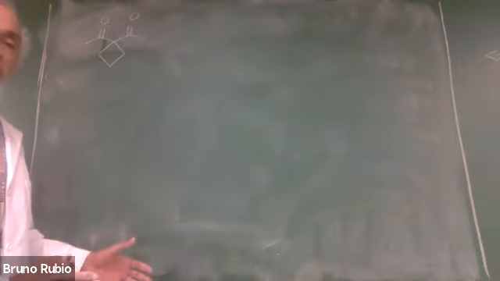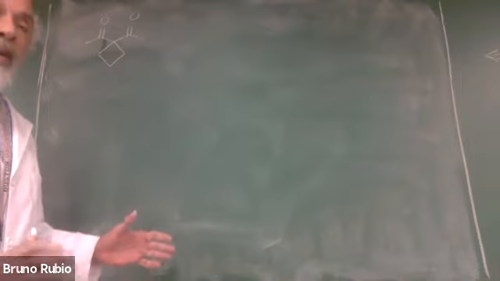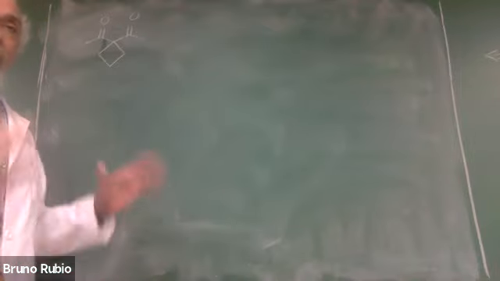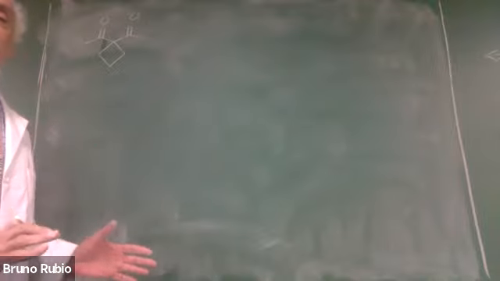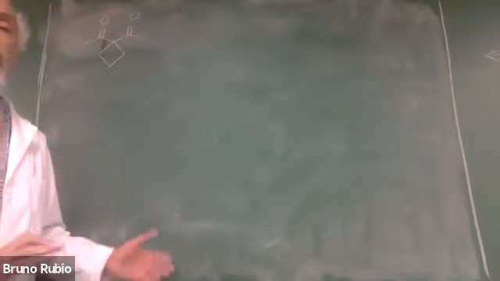This is a very strange synthesis problem, and we'll see as we develop the synthesis. This is one of the great exclamation points in organic chemistry. You'd never think that this reaction would work, but it does.